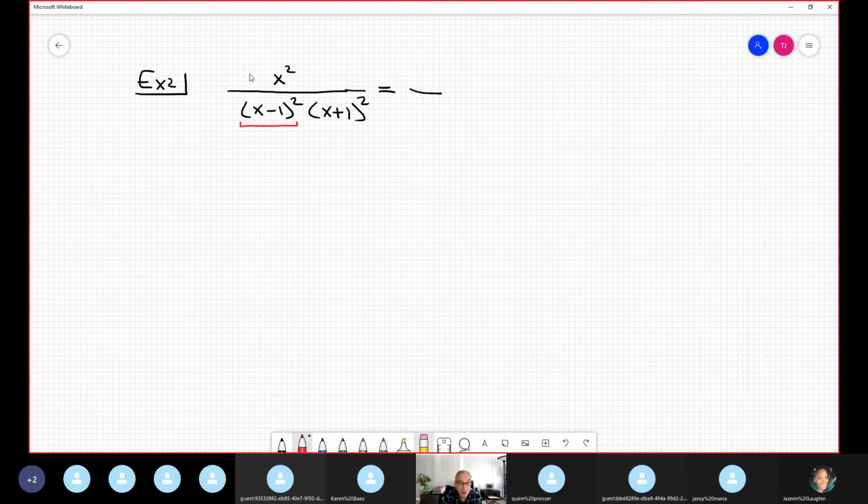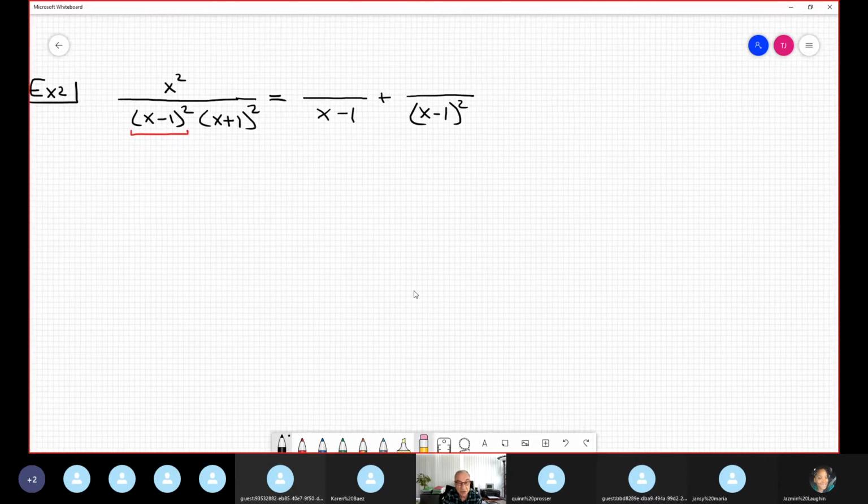So you separate, for example, for the first factor, x minus 1, you write like that: x minus 1 and x minus 1 squared. In this case, I make a decision of decreasing the exponent. Then I call them A and B. Remember the idea: the degree of this factor is 1, the degree of the top is 0.